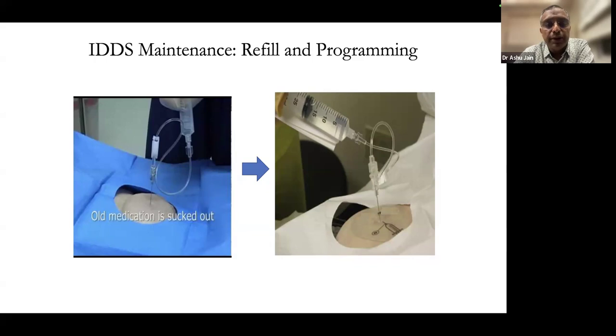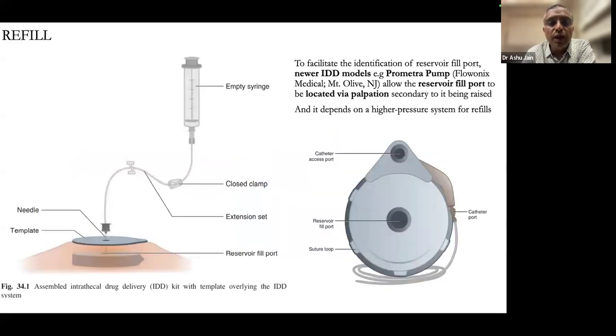Suppose your tablet tells you when you open the program that 10 ml is left, and you are only able to aspirate 2 ml, that means there is something wrong with the pump. Then it's a serious issue. But if you get around 8 to 9 ml, that's okay. Whatever volume the device says, it should match your aspirated volume.